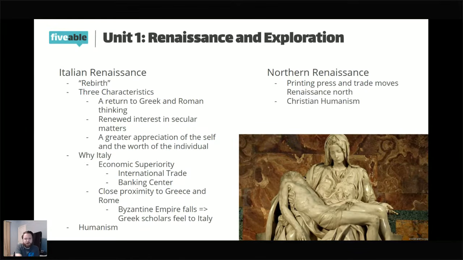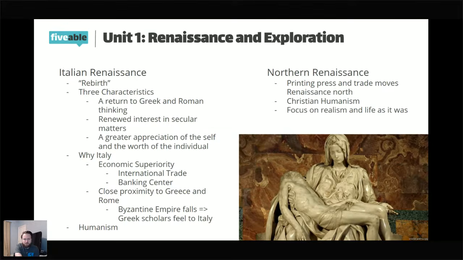We also tend to call the humanists of the North Christian humanists, focusing on reforming Christianity, whereas the Italian humanists would never ever talk about reforming Christianity, because that's very, very dangerous for being that close to the Pope. We point to Erasmus for this. Erasmus is the best example of a Christian humanist that we could possibly say.